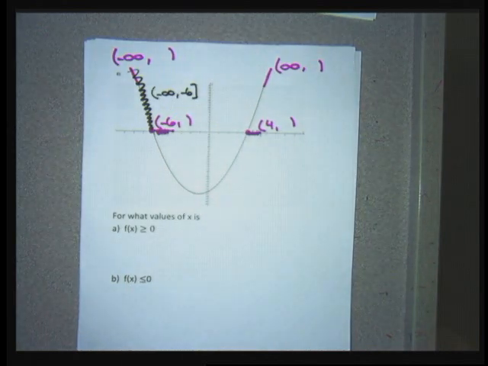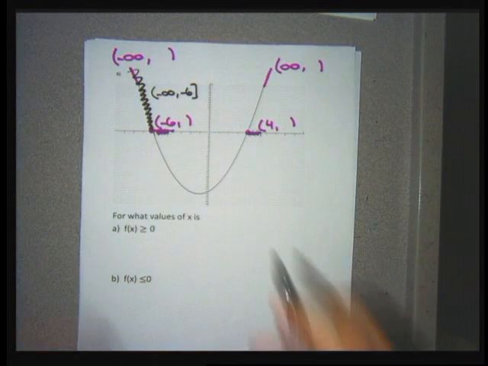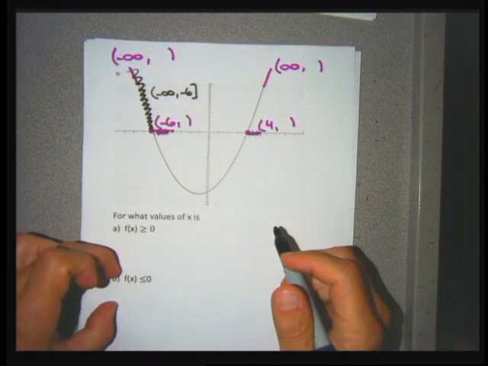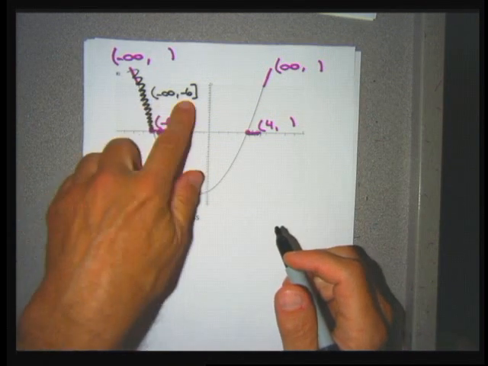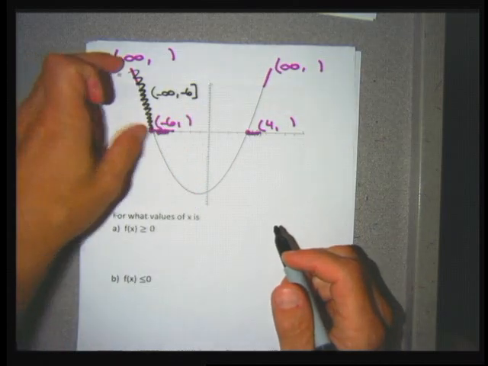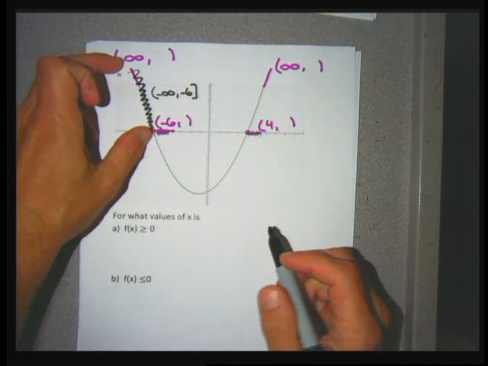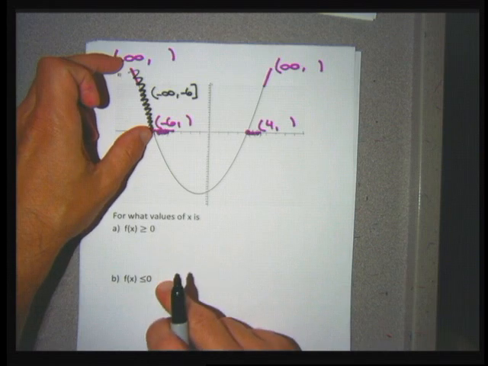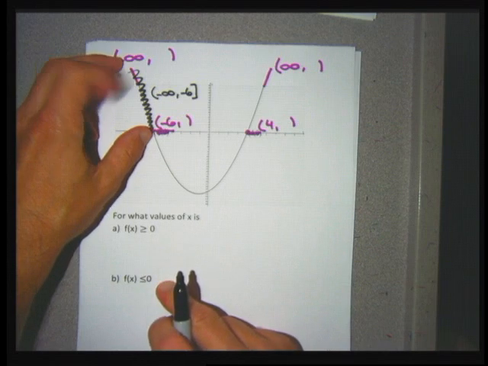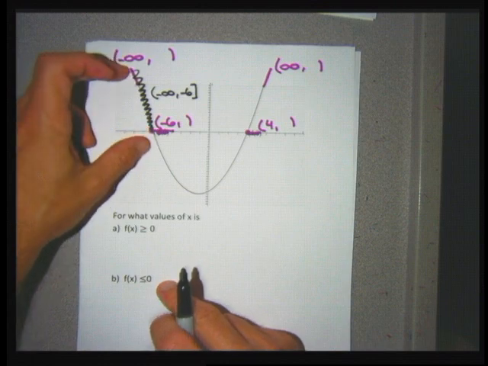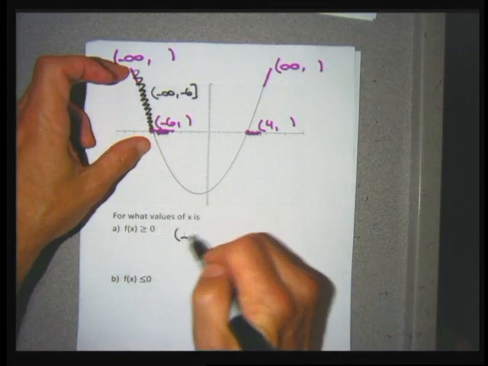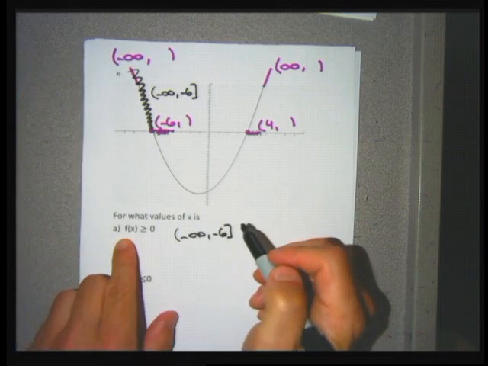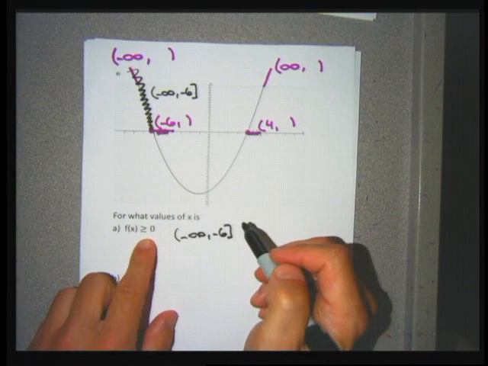That region is either going to go as a part of the answer for A or part of the answer for B. That region, negative infinity to negative 6, which is between the edge of the graph and an x-intercept, goes in A if it's above the x-axis. It goes in B if this region's beneath the x-axis. Because this region is clearly above the x-axis, this interval between negative infinity and negative 6 is part of the answer to the question for what values of x is f of x greater than or equal to 0.